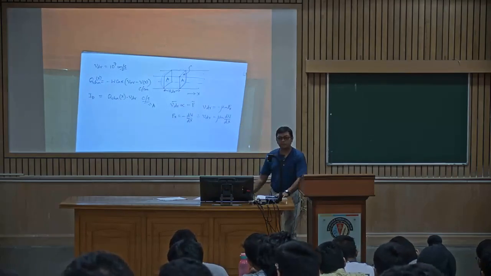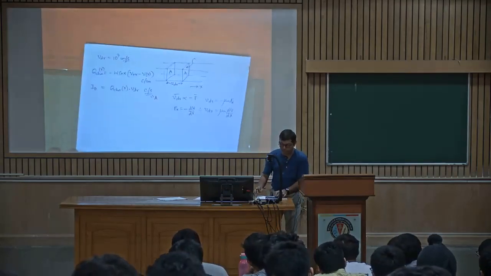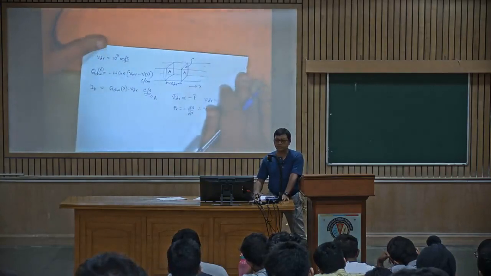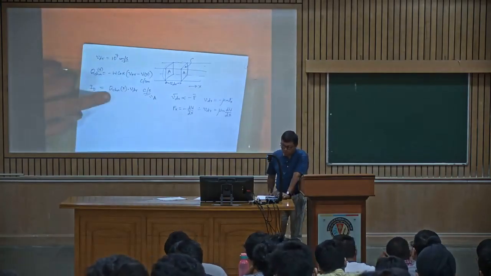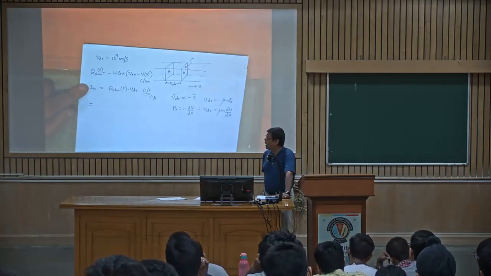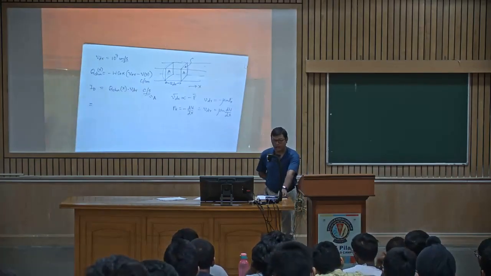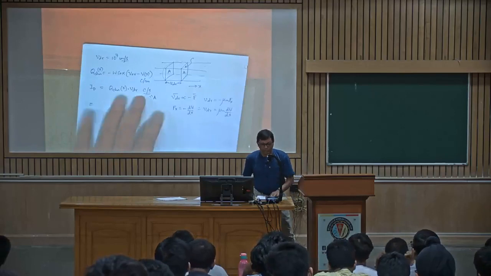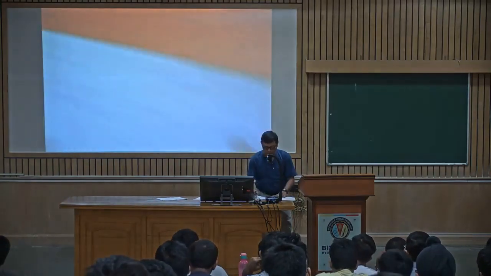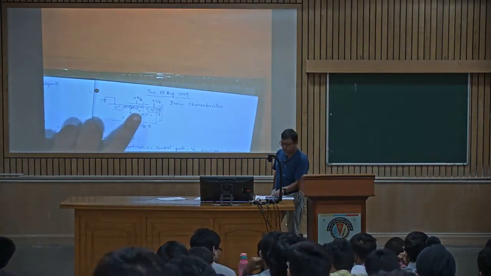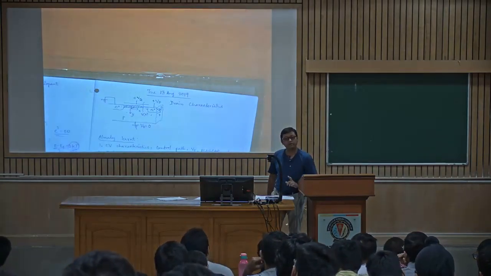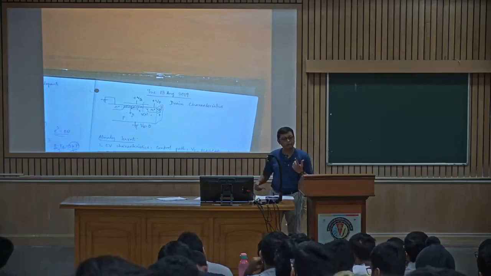Very simple. I'm not sure whether this was done previously in MEC or ED. It should have been anyway. So we'll just finish it. Now, how do we define the value of ID? ID, what we have written is okay, but think about the directions. Our direction of motion for all the carriers was in the x direction from the source to the drain. How do we define ID?